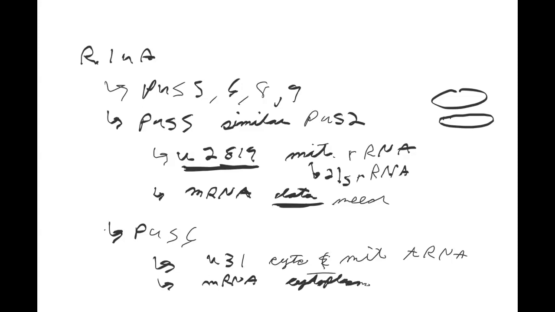Okay. Now, PUS8 also deals with transfer RNA at the U32 position.